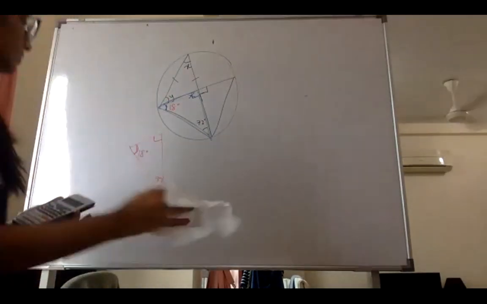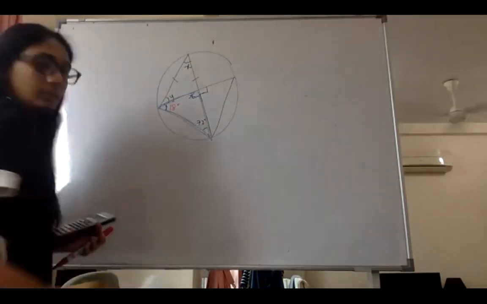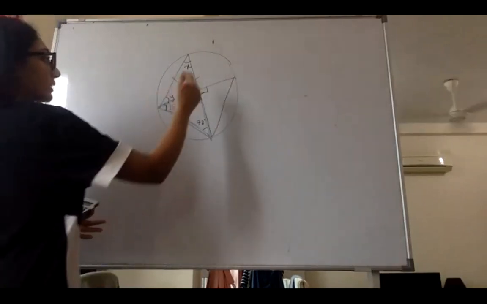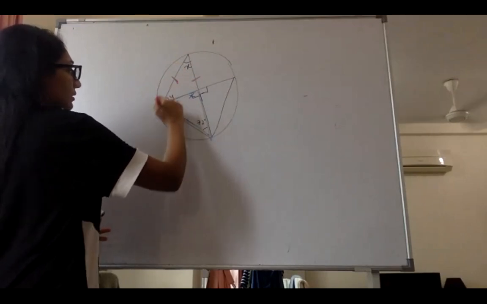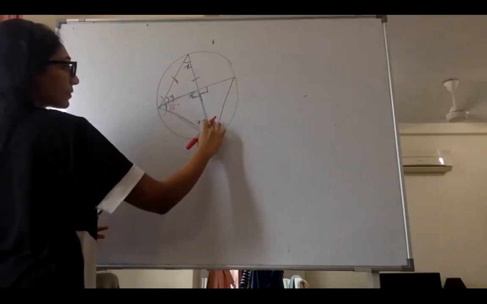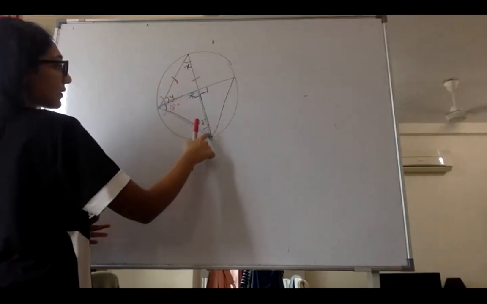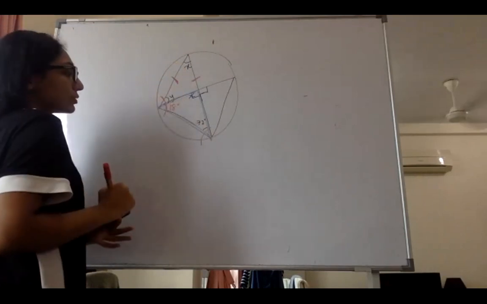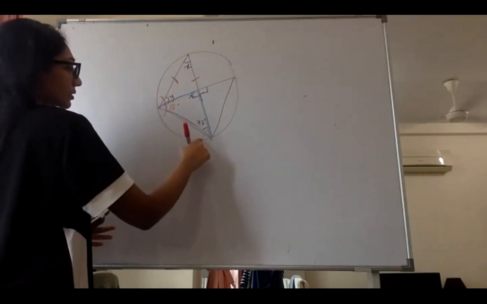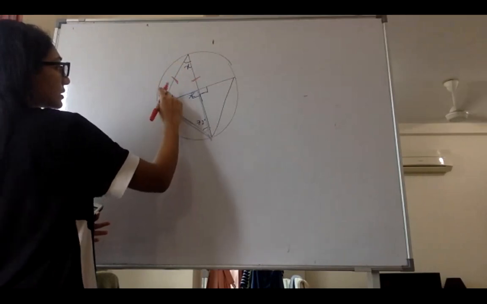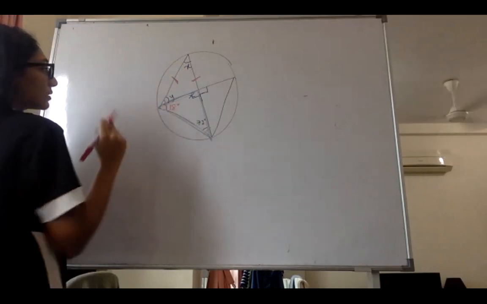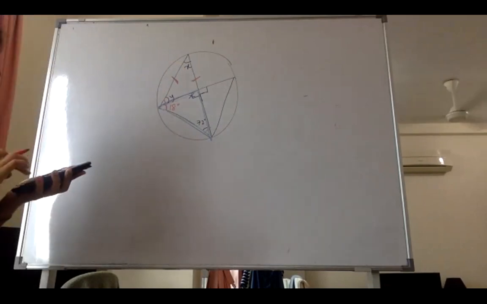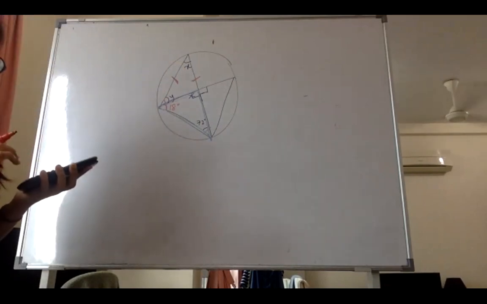Based on this sign here, these two angles are the same. Which means if this is 72, this whole thing is also 72. So if this whole thing is 72 and this is 18, what is y?